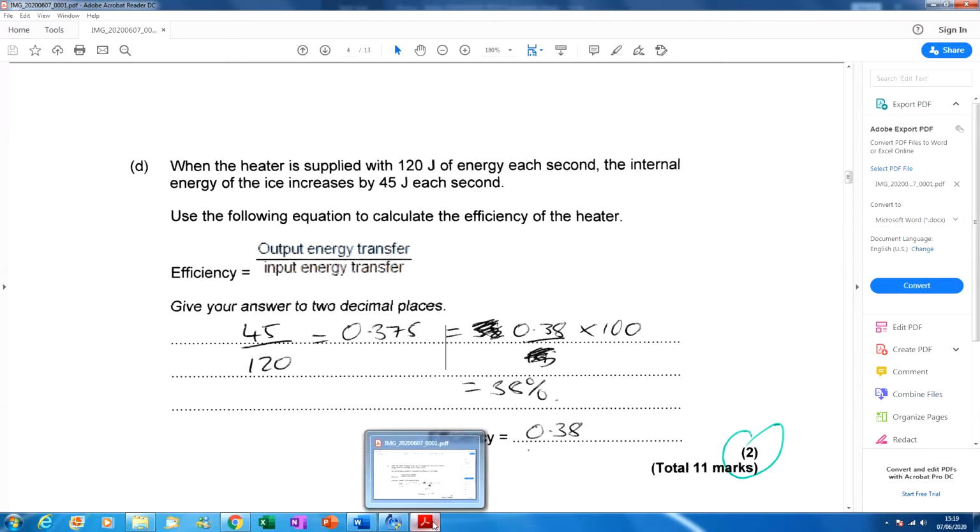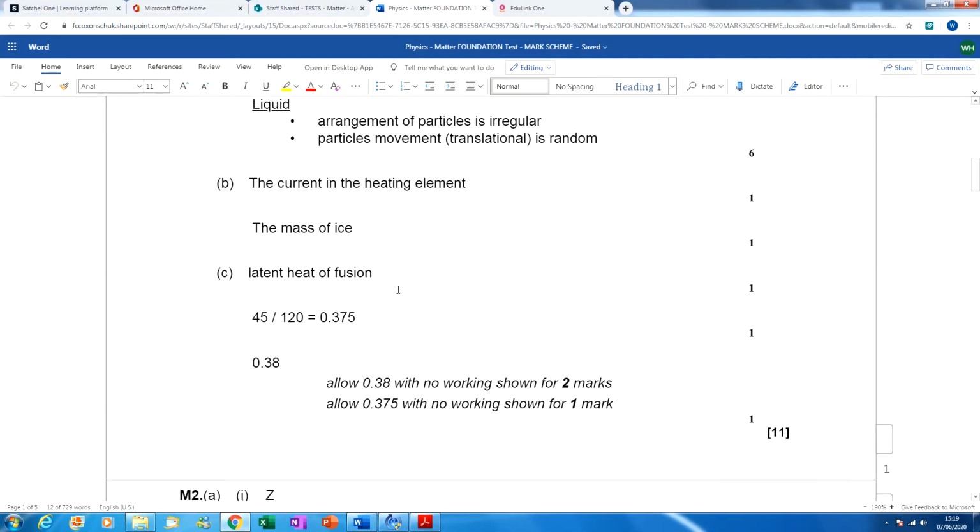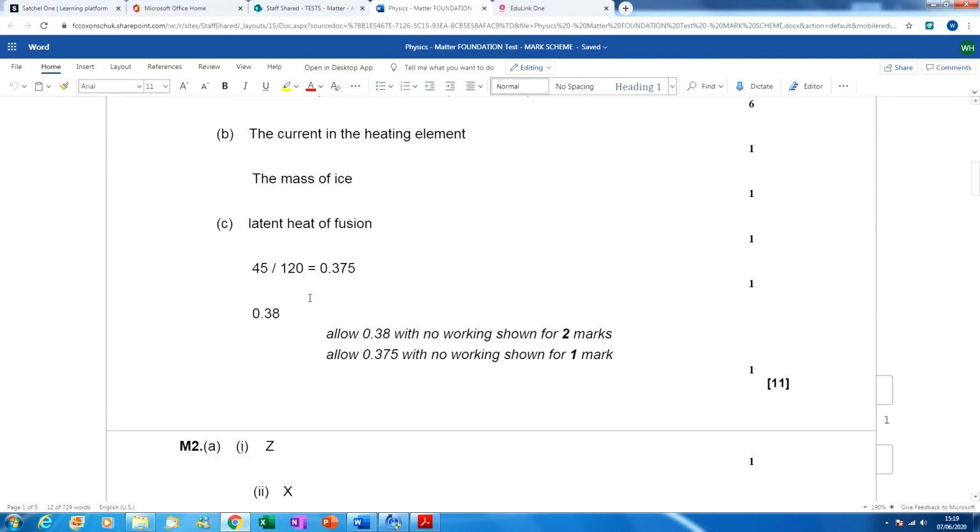So let's have a look. Where is my mark scheme? My mark scheme is here. So 0.38. There you go. So 1 mark for that, 1 mark for that calculation. Crack on.